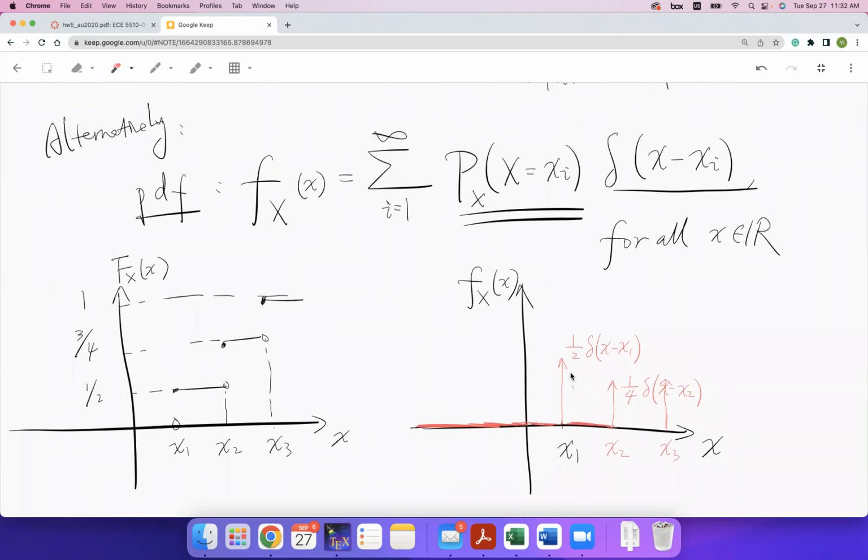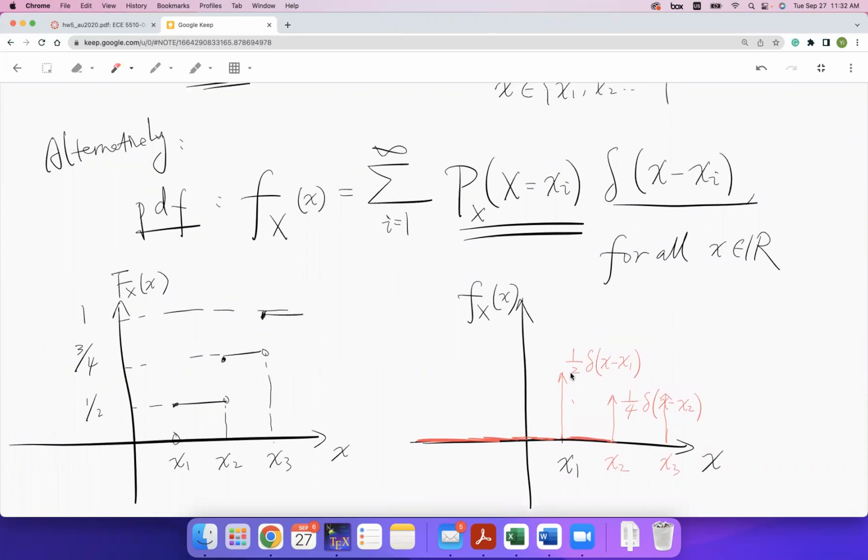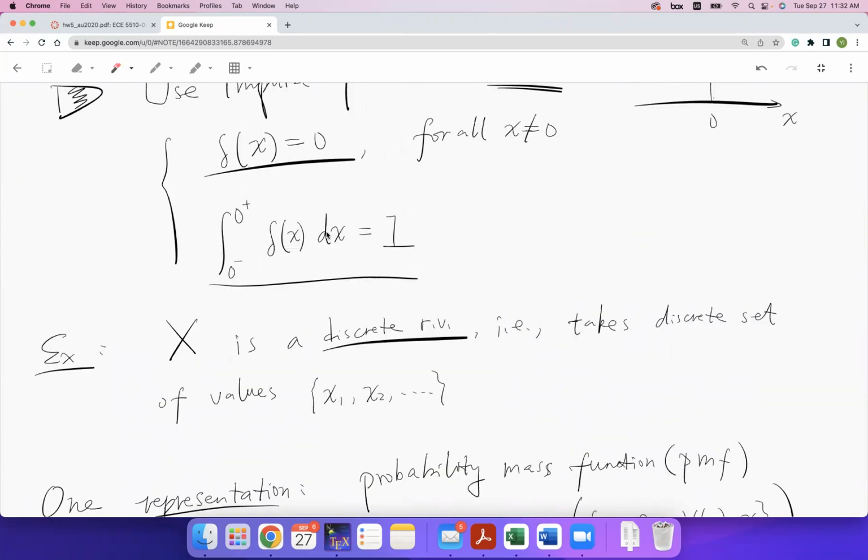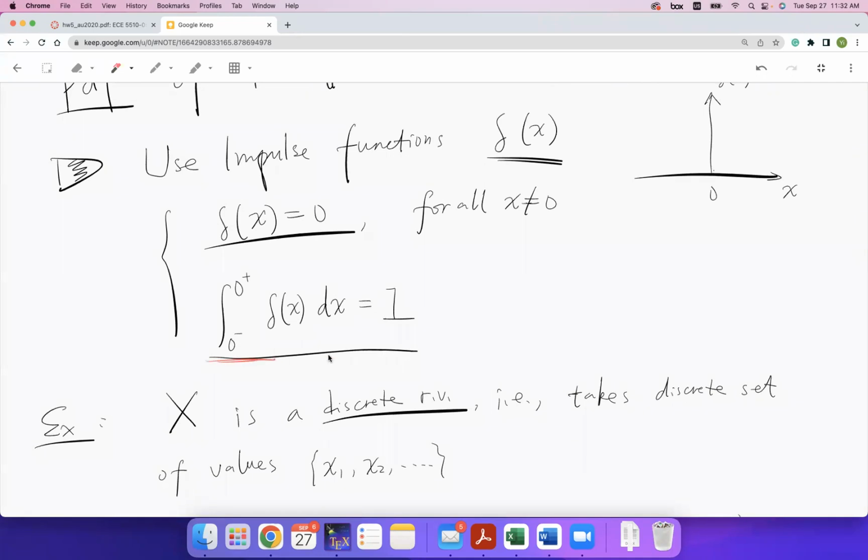And this impulse function will satisfy all the conditions that we require for the PDF function, because of this property: the integration of the impulse is 1.